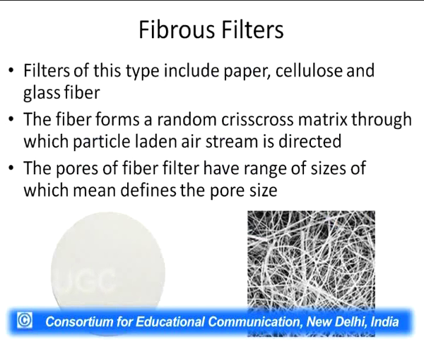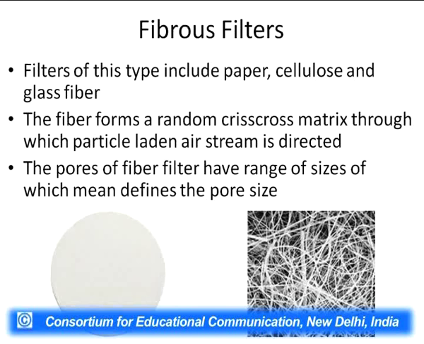As far as fibrous filters are concerned, these types of filters include paper, cellulose, and glass fiber. The fiber forms a random crisscross matrix through which the particle-laden air stream is directed. The pores of fiber filters have a range of sizes, the mean of which defines the pore size. Here in this picture we have an example of a fiber filter.